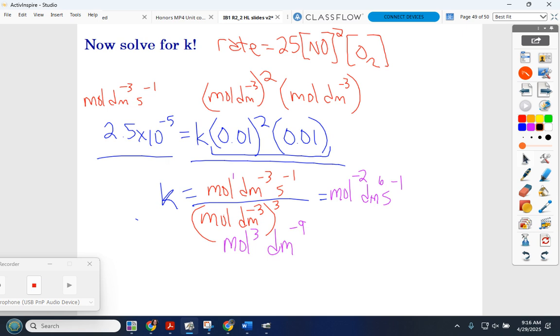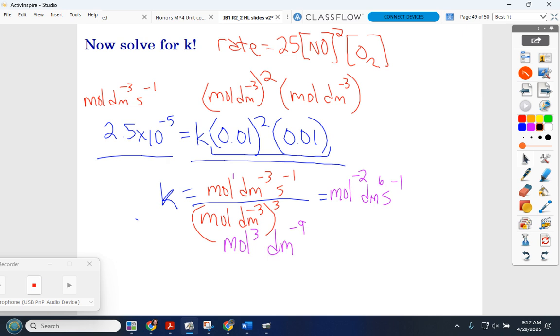Our decimeters ends up being negative third minus negative 9, which ends up being positive 6. And then the seconds isn't canceled out on the bottom, so we just leave the seconds to the negative 1 there.